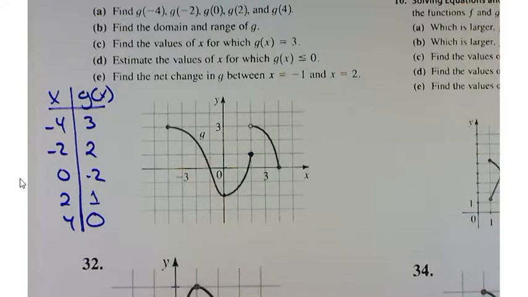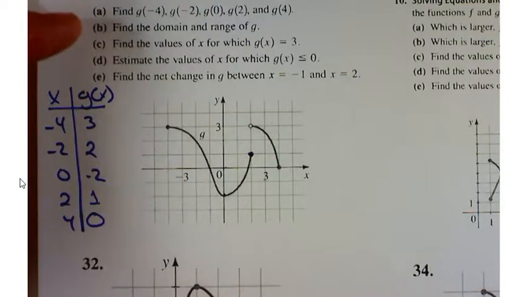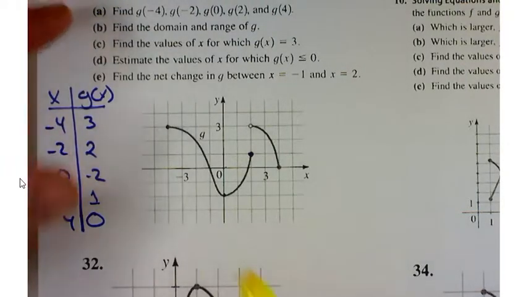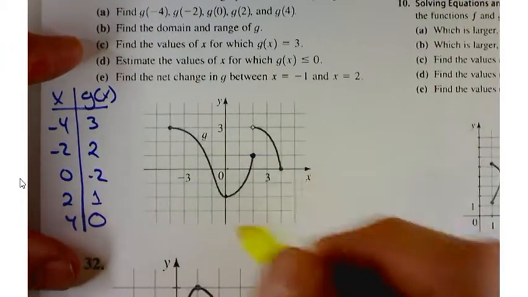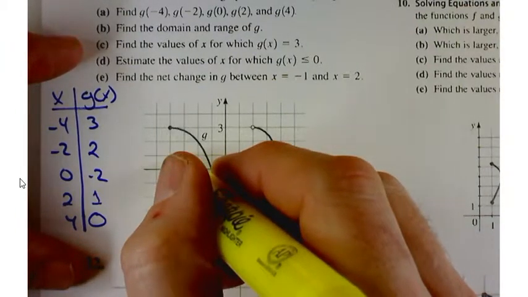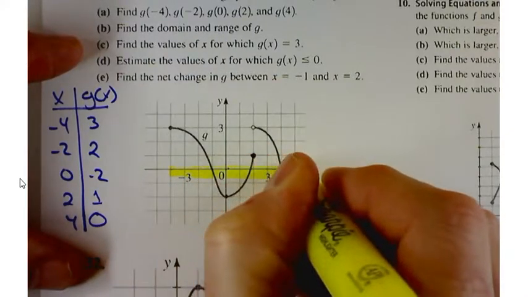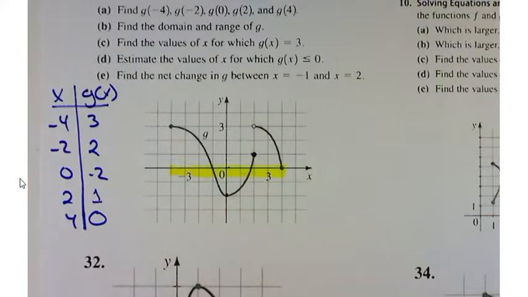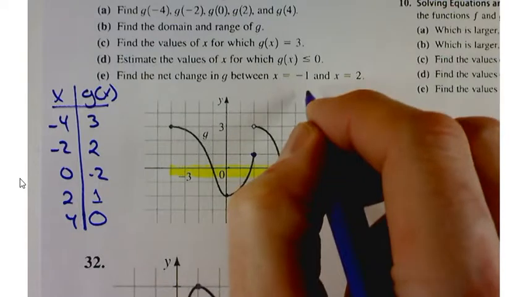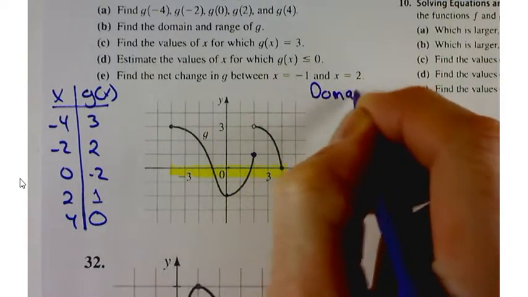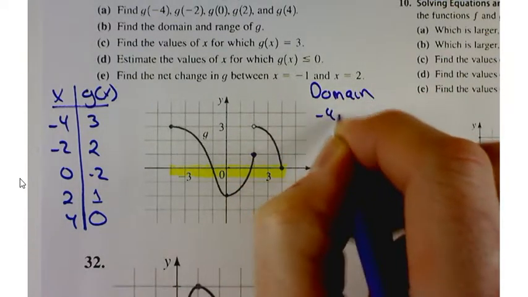Speaking of x values, it's asking us for the domain here. We want to find the domain and range. The domain is associated with which values? X values. So that would be from here to here. So in this case, what's the domain? Good. The domain is -4 to 4.